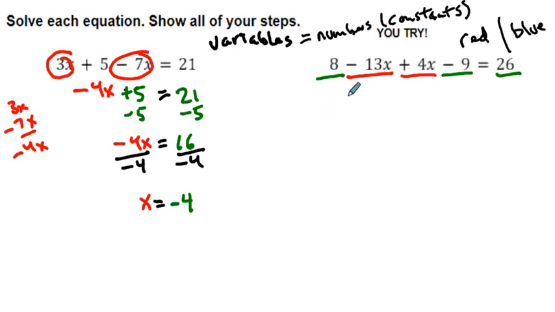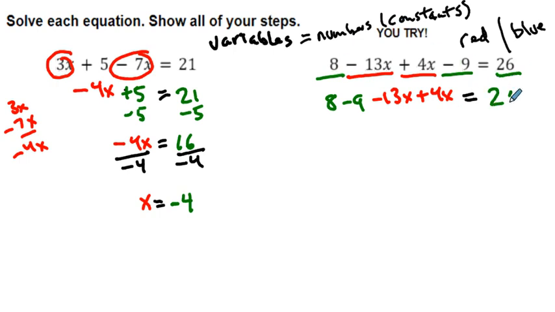If it doesn't have a sign to the left of it, and it's the leading number, then it's positive. If there's nothing in front of it, you just assume that it's positive. So let's rewrite this: 8 minus 9, and then minus 13x plus 4x, equals 26.